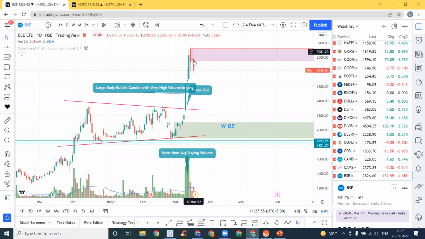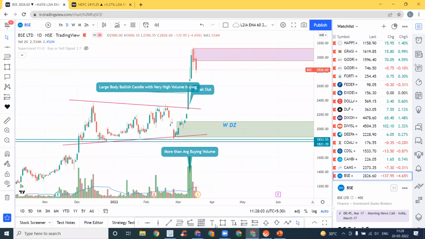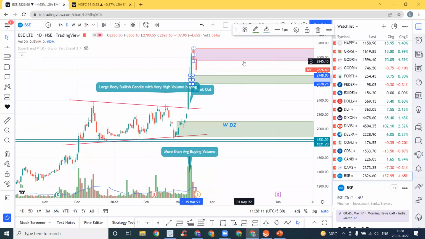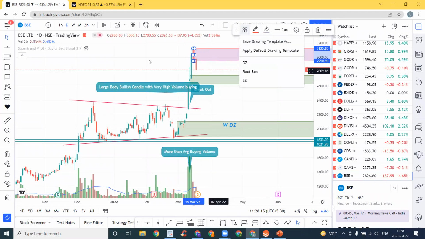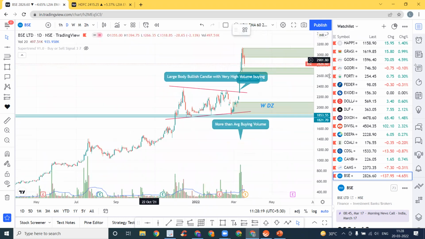So from here it will come down. And if you want to buy, wait for these levels. Okay, it can happen that you may have to buy at a little bit upper level also. Here also there is a demand zone. So from here also you can buy. So depending upon how much the stock falls, you'll have to take a decision.